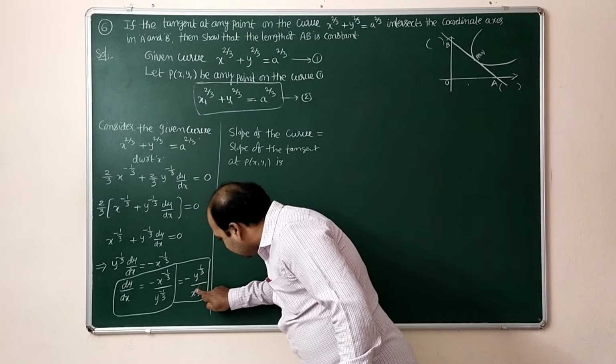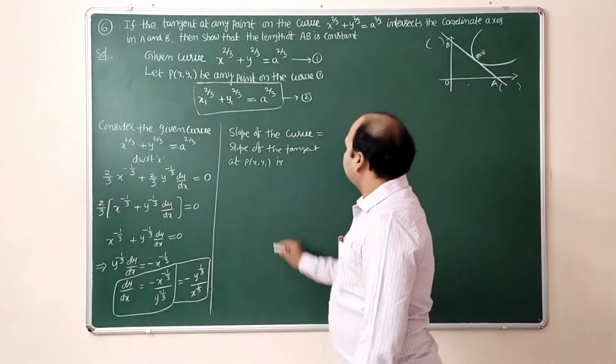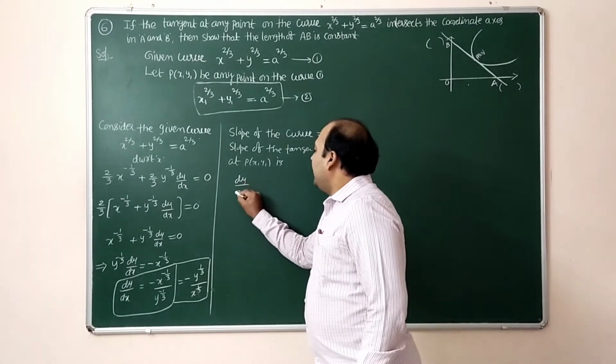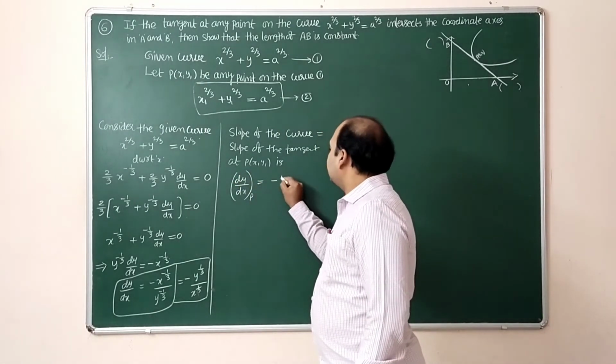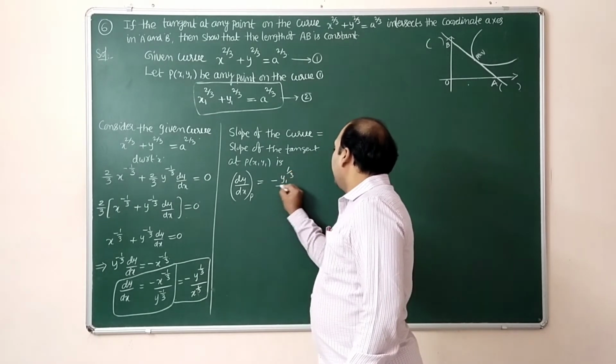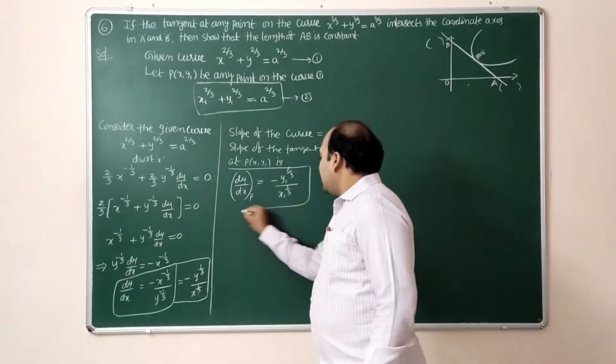Here this is the power one, it is not a multiple power. So dy by dx at P equal to minus y1 power 1 by 3 by x1 power 1 by 3. This is the slope.